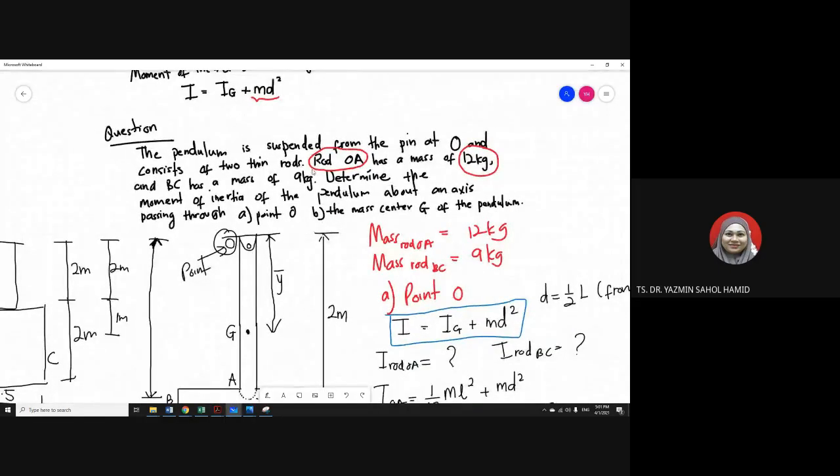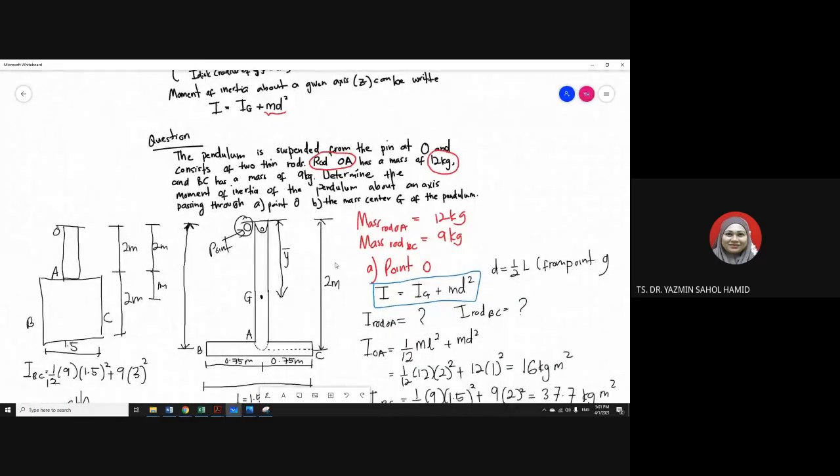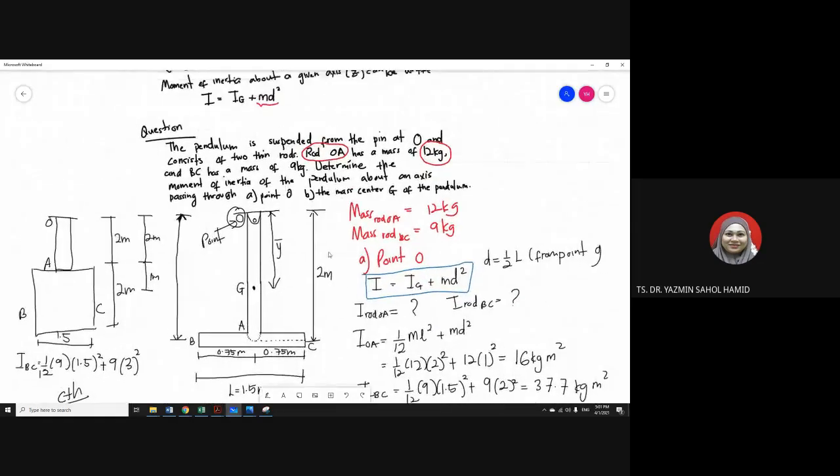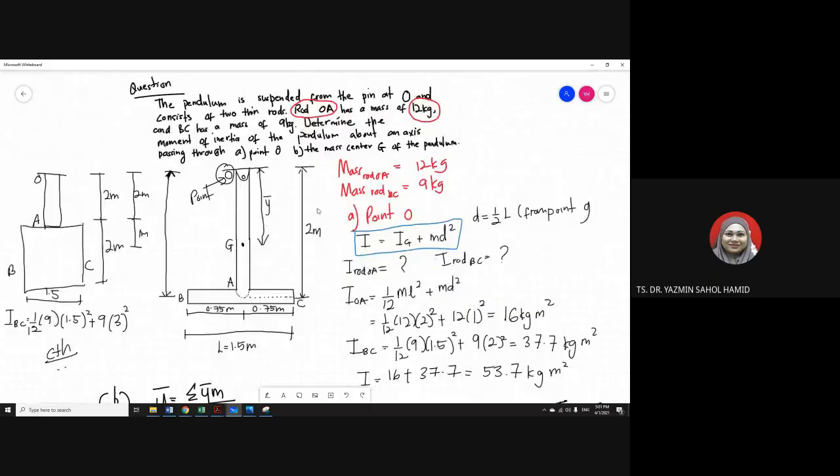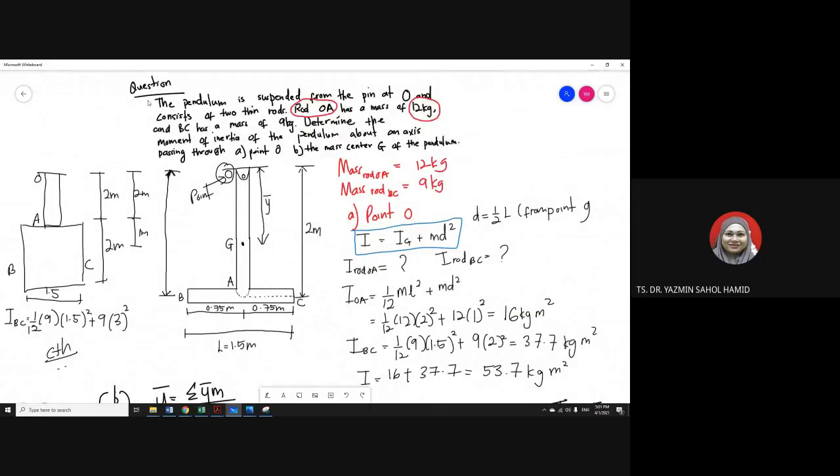Okay. Alright, so selalunya saya akan buat soalan ni bersama. Okay, tapi saya dah terbuat dekat sini. I harap you all boleh ikuti. You all dengar apa I cakap. Okay, now. Saya akan baca. The pendulum is suspended from point O and consists of two thin rods. So ada dua thin rod. Satu rod OA, satu rod OB. Now, rod OA ni ada mass 12 kg.